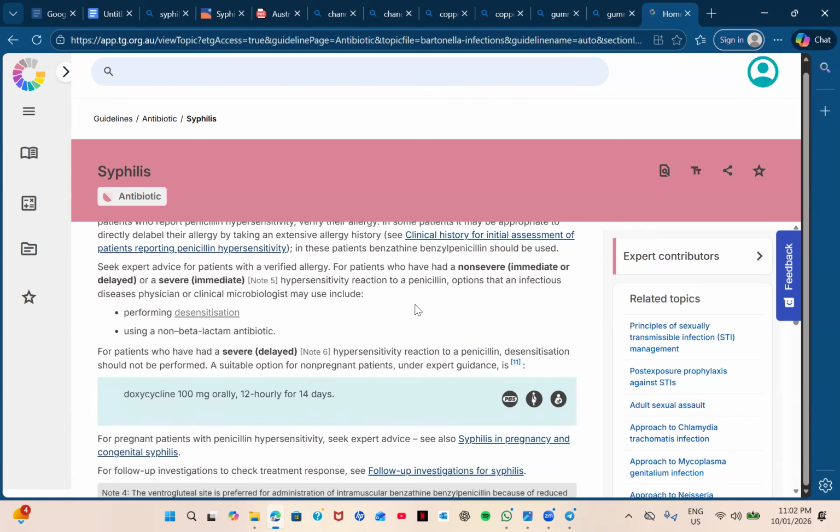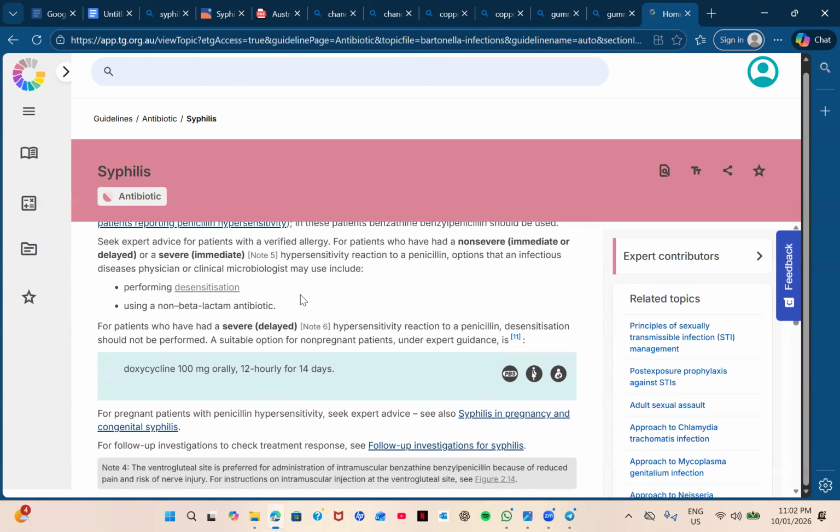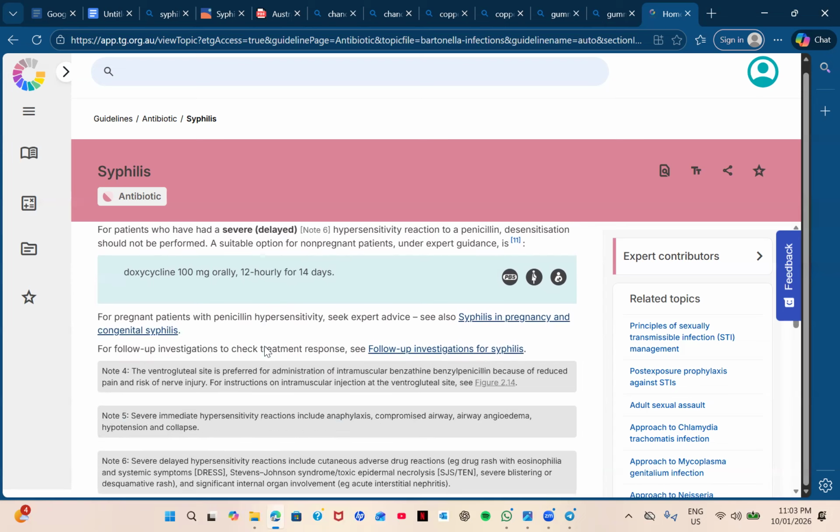Then for patients who have had non-severe, delayed or severe hypersensitivity to penicillin, the next option is doxycycline. Okay, remember this one: for penicillin hypersensitivity, we can give doxycycline.